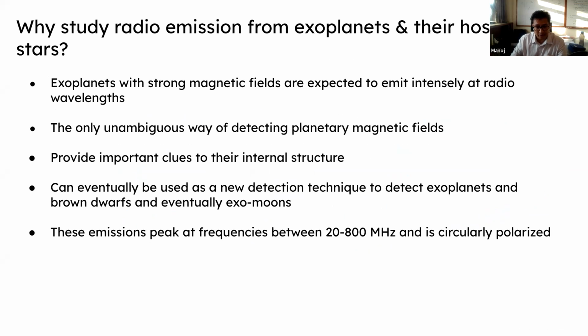Magnetic fields are important because they provide important clues for the internal structure of the planets also. I don't want to go into the details of the mechanism. There are a couple of different mechanisms for radio emission from exoplanets.